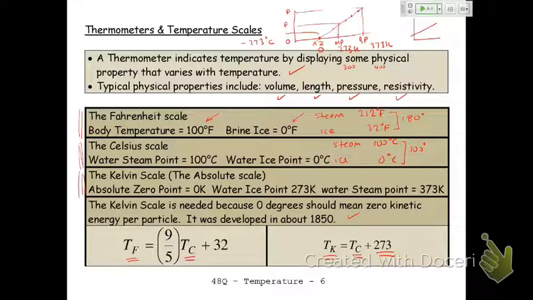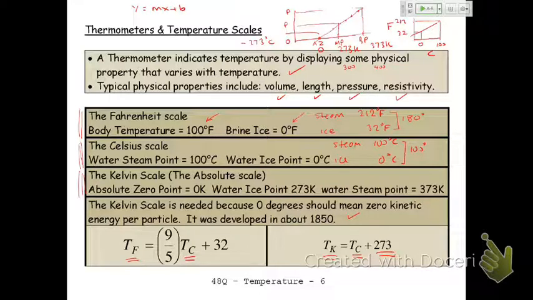I'm sorry, it's a real small diagram. Basically what I do is I say, okay, this is 0 degrees, and that's 100, and this is 32, and this is 212, and this is, of course, Fahrenheit, and that's Celsius, and I say y equals mx plus b.